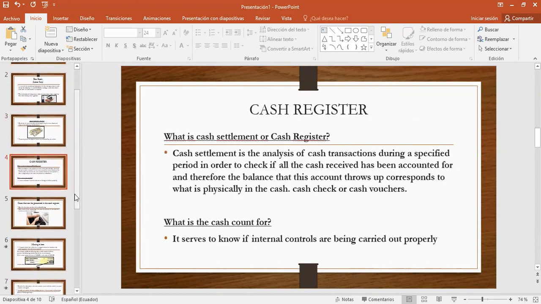Cash count. What is a cash count or cash register?